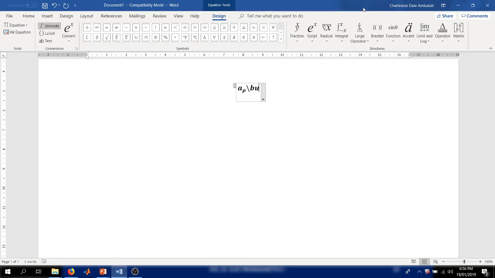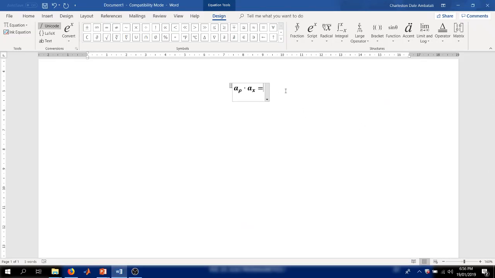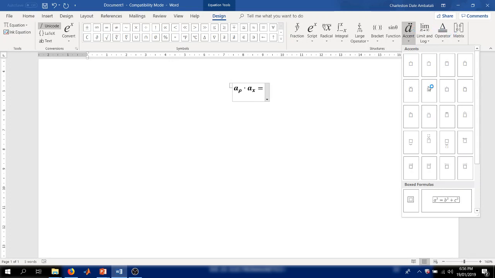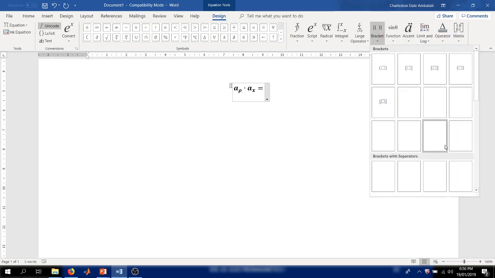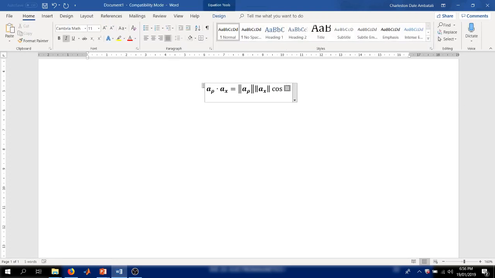Okay, A_rho dotted to A_x. As we know from the figure, the angle between A_rho and A_x is phi. So this is equal to the magnitude of A_rho multiplied by the magnitude of A_x times cosine of the angle between them, which is phi.